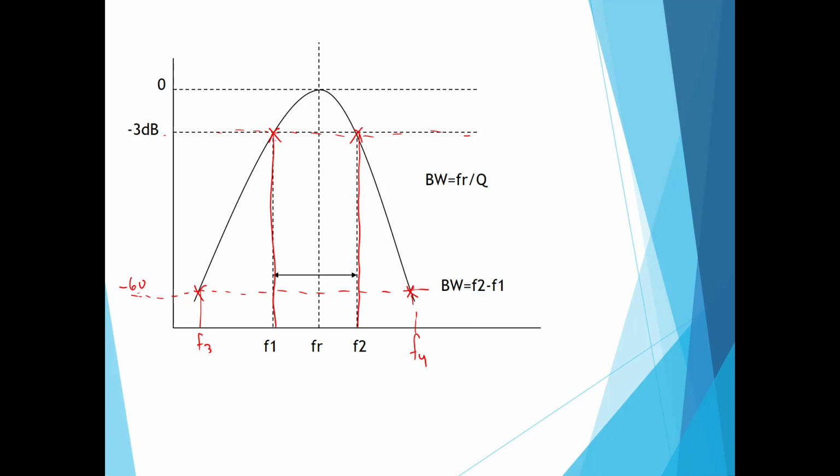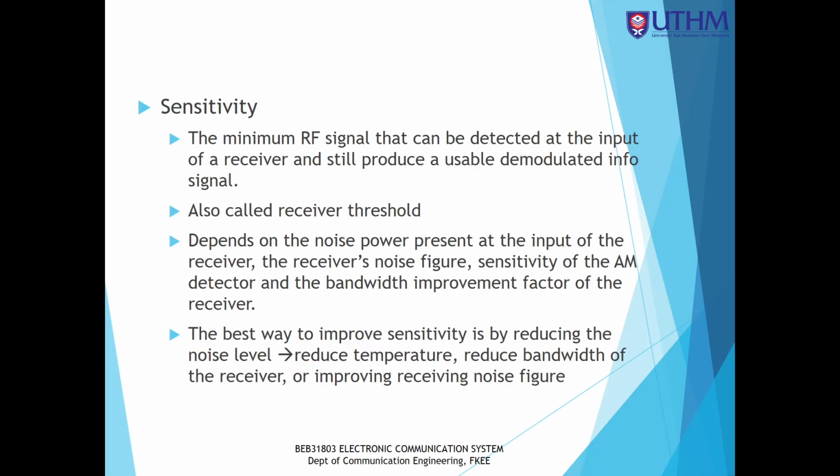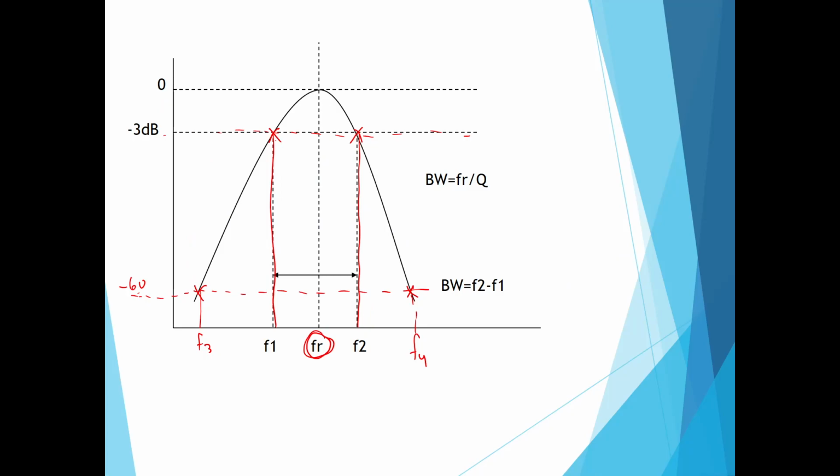So you see that ideally, because this center here is the resonant frequency, the center frequency of the signal that we want. This FR here is the resonant frequency, which is the center of the frequency band that we want to process.